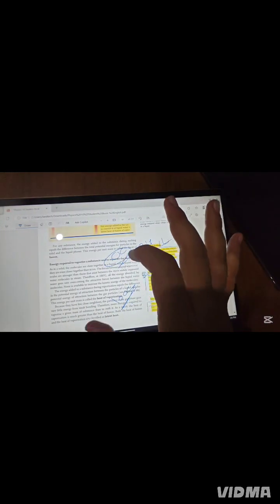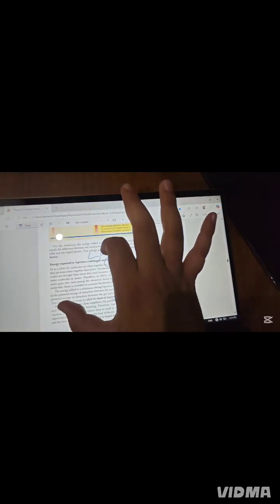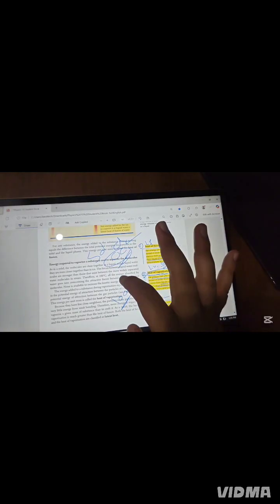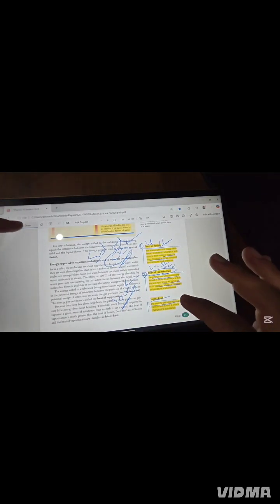Because at that temperature, 0 Celsius, the state of the matter is solid. And because they said solid to liquid, liquid to solid, write down m L F. But if you have vaporization at 100 Celsius, write down m L V. And this is important before solving the example.